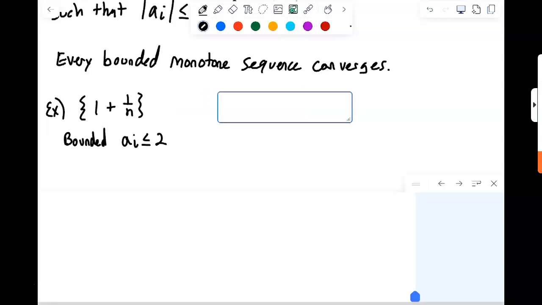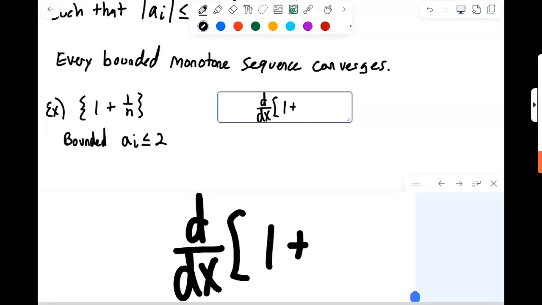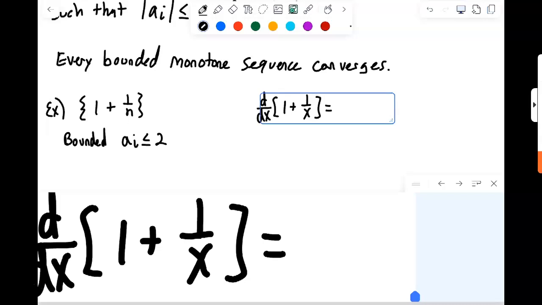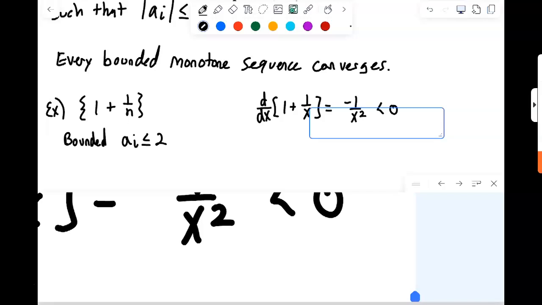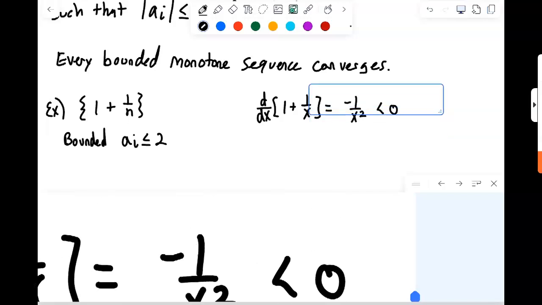Well, if we look at the derivative of the underlying function, 1 plus 1 over x, its derivative is negative 1 over x squared, which is always less than 0, because when you square x that's positive, but you have a minus sign there.